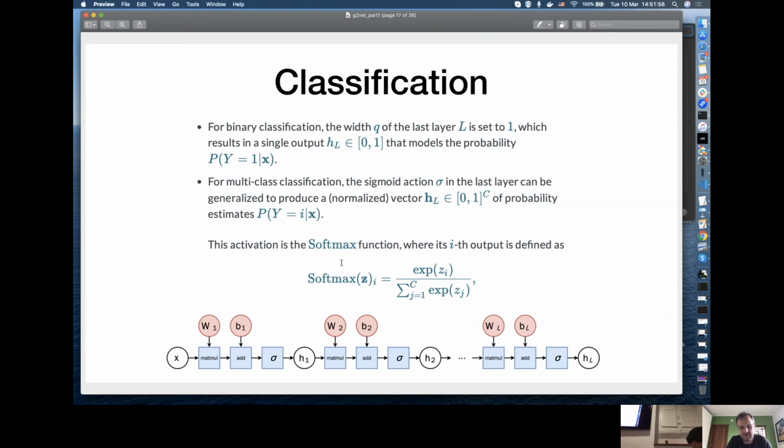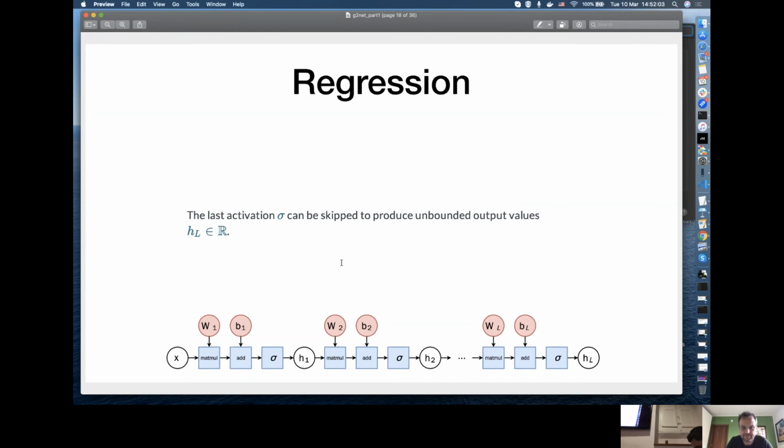So it's just imposing that they are between 0 and 1 and they sum up to 1. And in the case of a regression job, you can skip the last activation, the softmax, and you have unbounded output values.